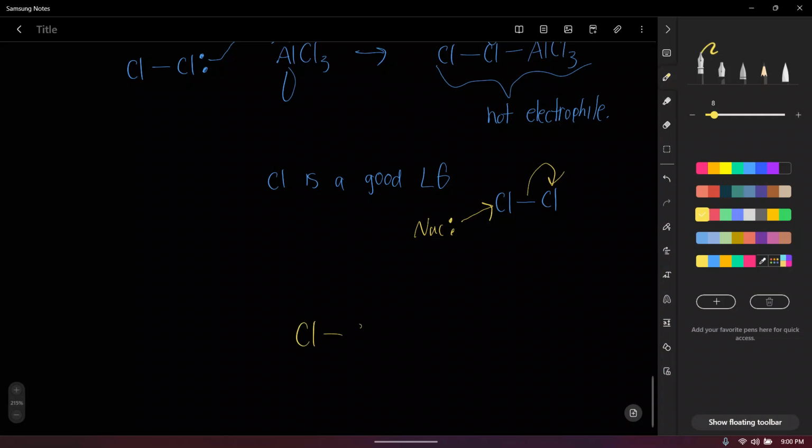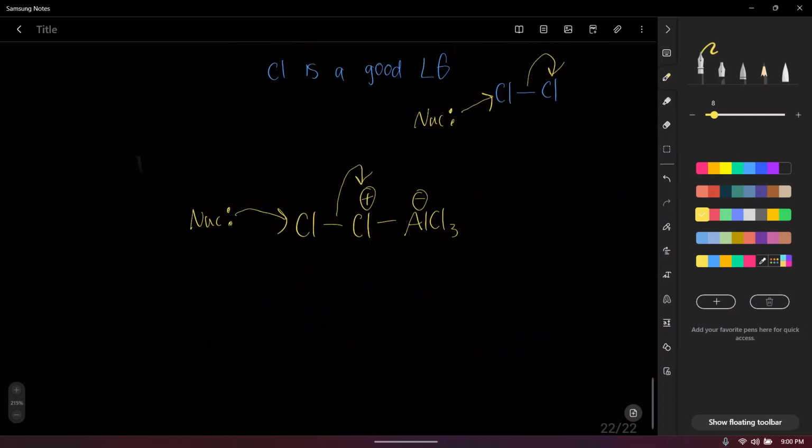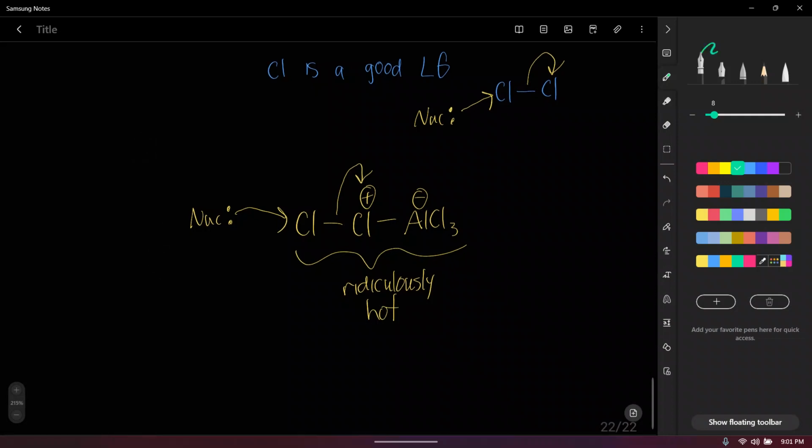Because now, instead of just neutral Cl, I actually have a positively charged chlorine. So now, if I have a nucleophile attack this chlorine, instead of giving electron density to a neutral chlorine, I'm actually giving electron density to a positive chlorine, which would want it even more. So this thing is going to be ridiculously hot.